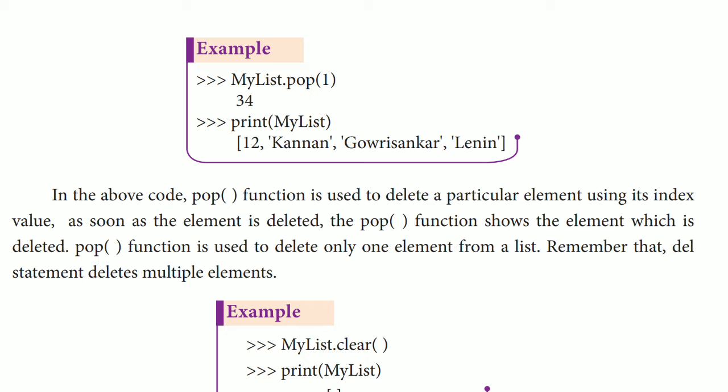So you can see that in the del statement we have seen a range, from index to index. This cannot be done by using the pop function. So the task that is carried out by the del statement cannot be done by the pop function.